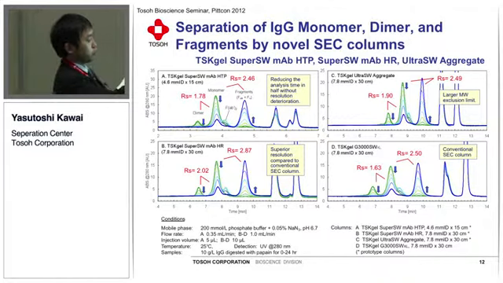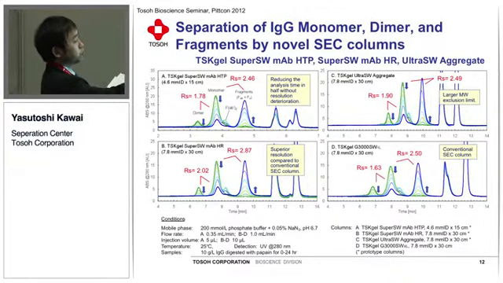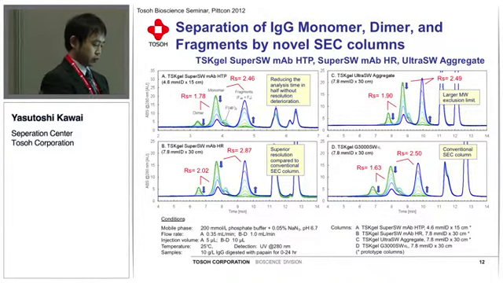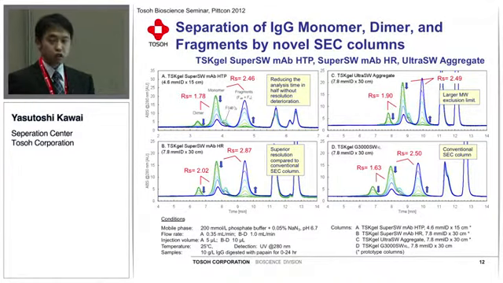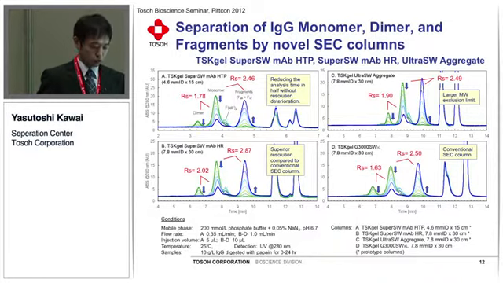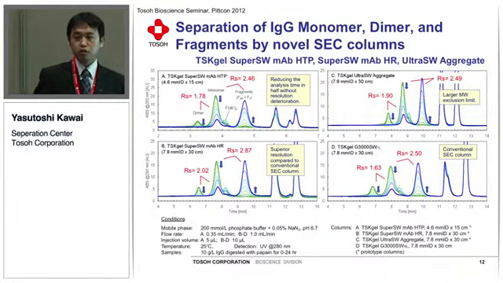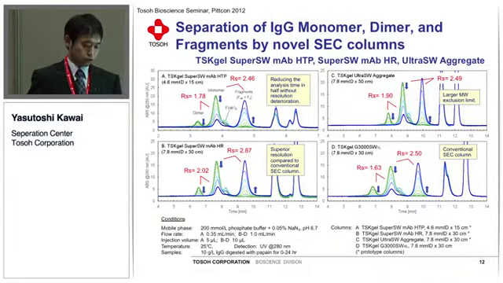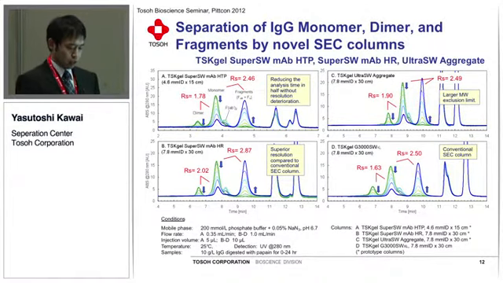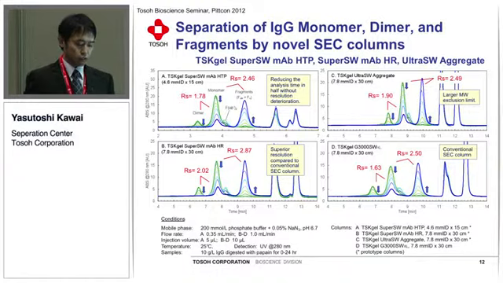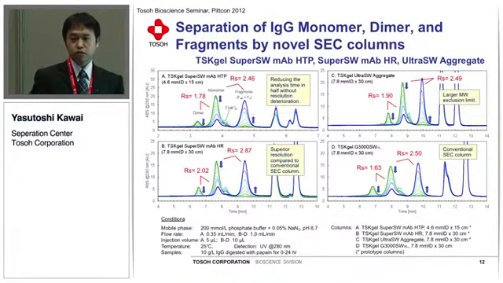Next, figure C shows the separation by UltraSW Aggregate. This column is packed with particles of 3 micron and a pore size of 30 nanometers. It is designed for the separation of aggregate.